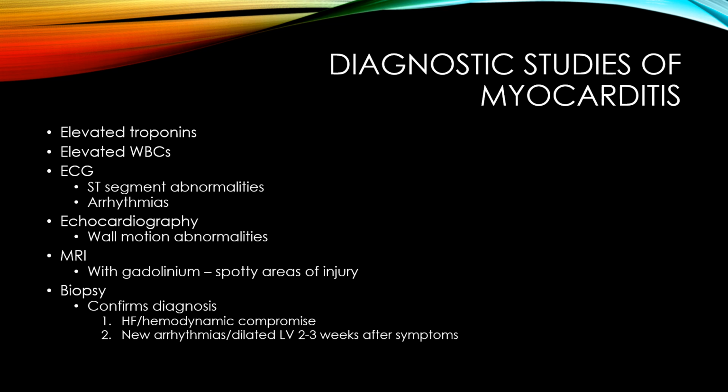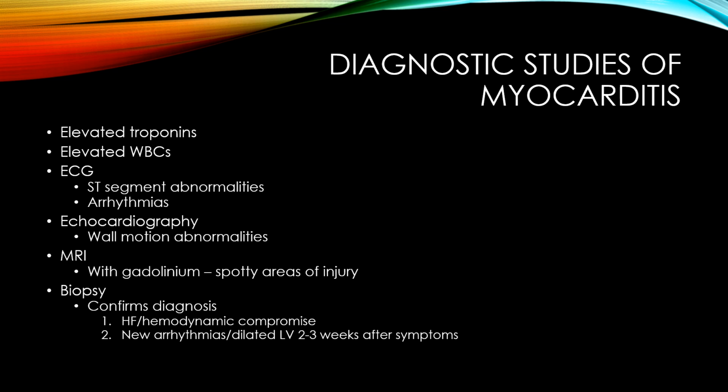The diagnostic studies of myocarditis: elevated troponins due to the damaged myocardium, elevated white blood cells since this is an inflammatory process. ECG would show ST segment abnormalities like an ST segment depression or elevation. Arrhythmias if it's affecting the conduction system. On an echo, you might see wall motion abnormalities.